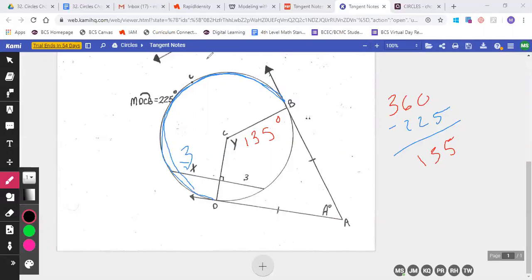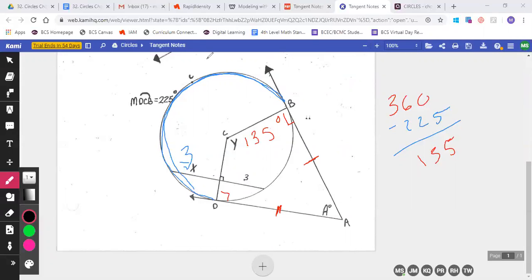However, what it does do is it tells us that AB and AD are the same length. And one of the properties you should have figured out in our investigations is that if they're the same length and they intersect the circle at a radius, that means they are going to be tangent. And so we're going to say that we know that this is 90 degrees and that is 90 degrees.